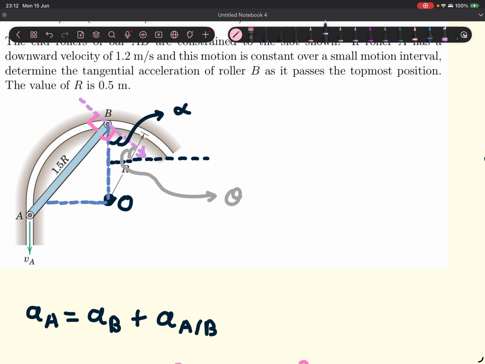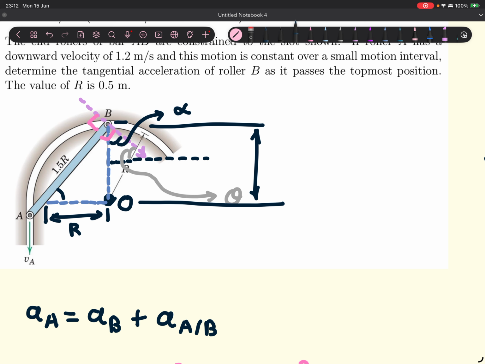So I can find this angle over here. So I know that this distance from here to here is a distance r, and then this distance over here is also r, right?